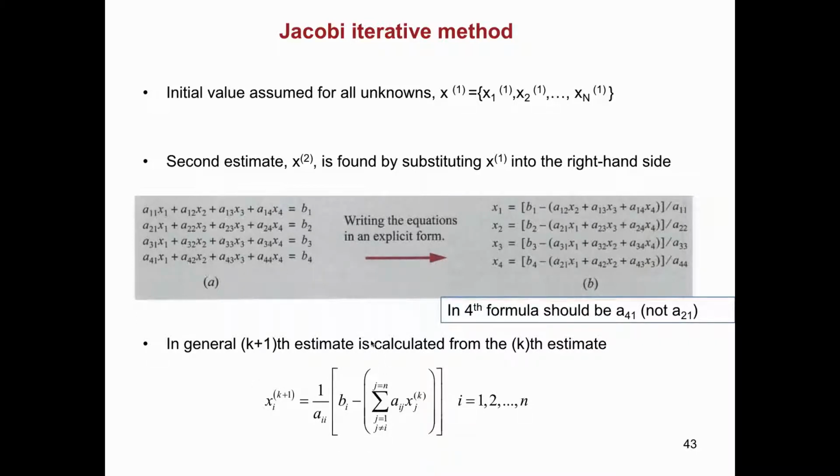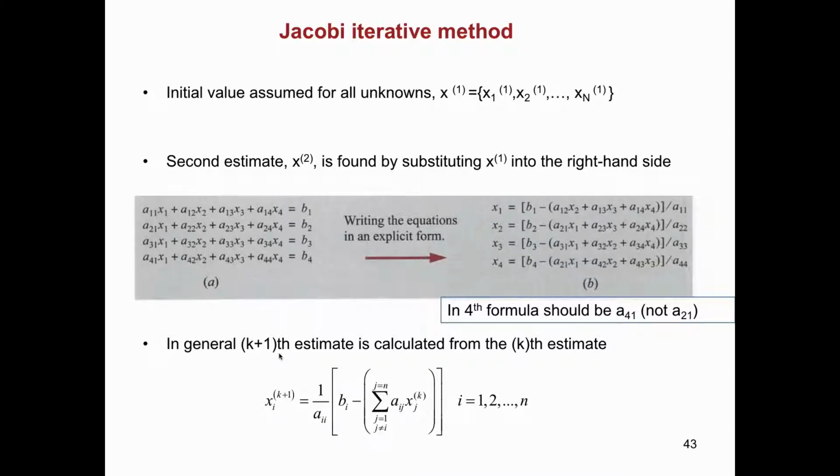The general formula comes from this previous step, so these are x's from the previous step, such as k equal to 1 here. I compute this sum, which multiplies this entire row of the matrix with the column vector x, except for one term.